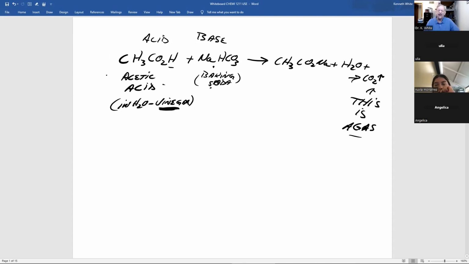So if you find out how many moles of CO2 it takes to inflate a 1.2 liter bag, you can then determine how many moles of acetic acid and how many moles of sodium bicarbonate you need to weigh out to do that.